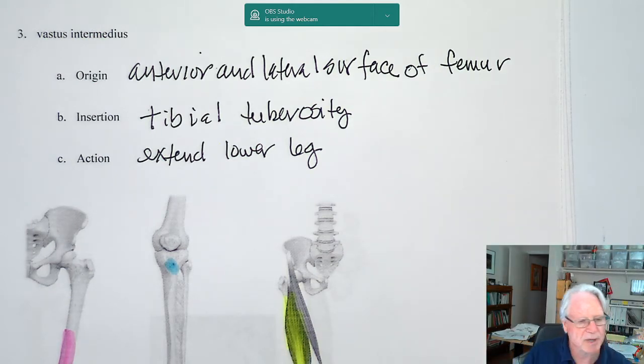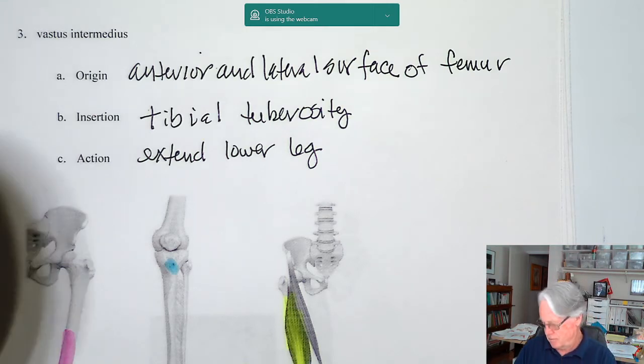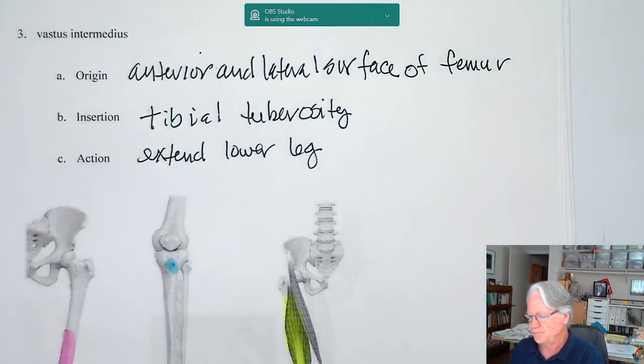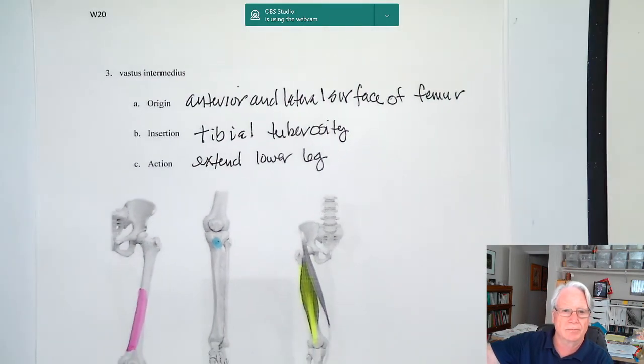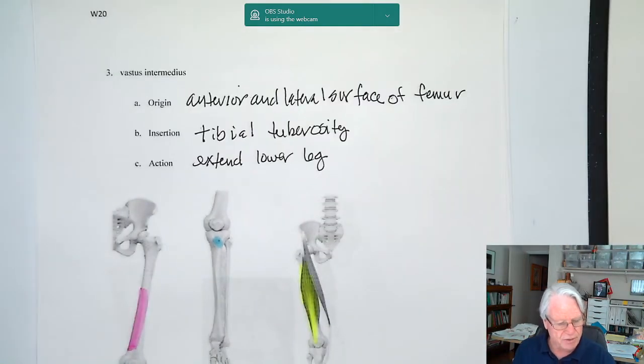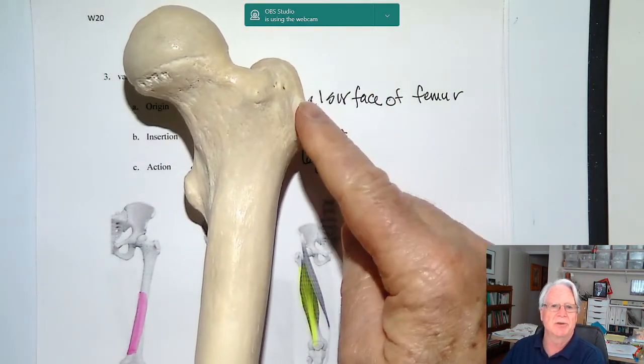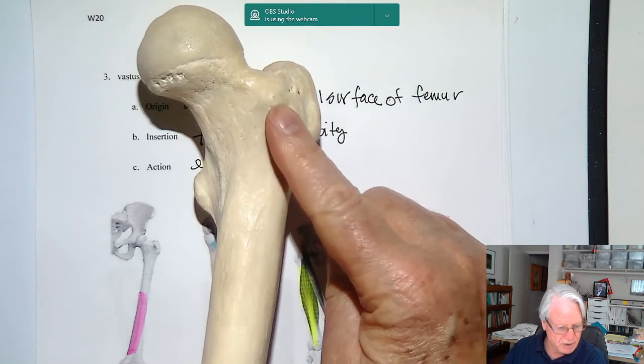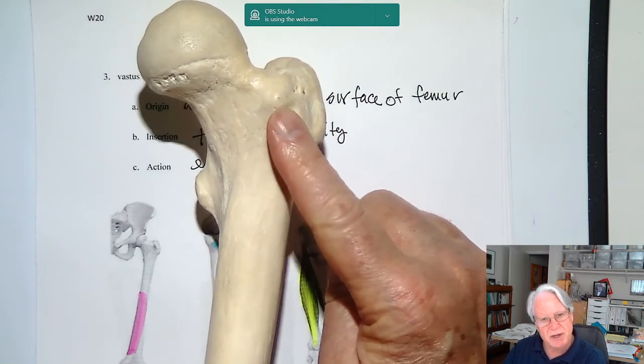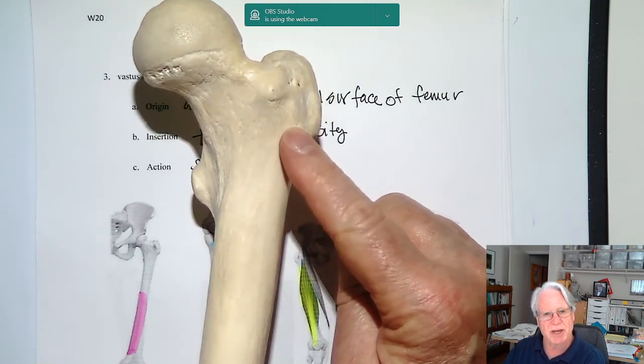So, coming back to the actual bone itself. So, on the anterior portion of the bone, here's the greater trochanter. So this right here was the vastus lateralis muscle, right? So that's where that was located.